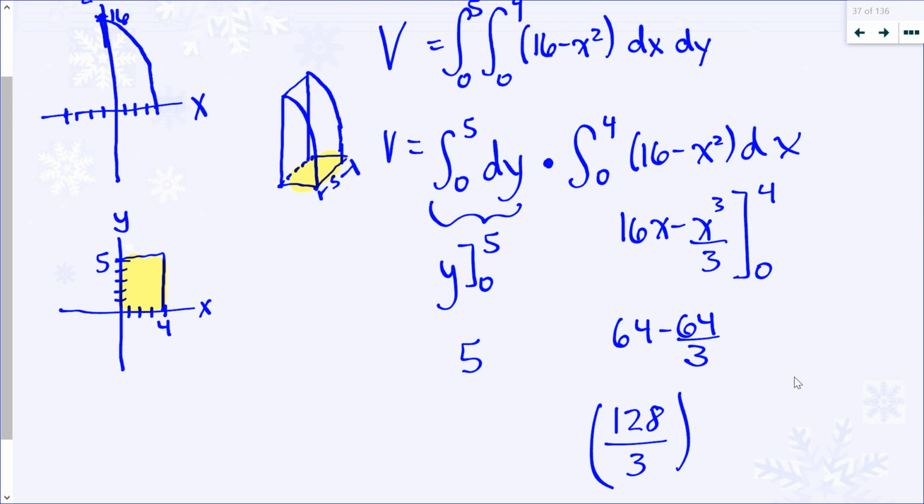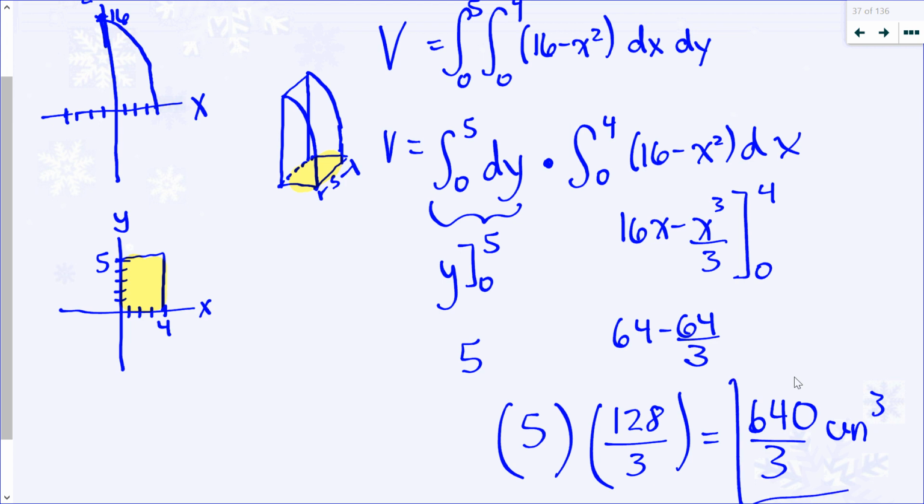And then that gets multiplied by our 5, which we got from the integral with respect to y. And then finally, I'm going to get a volume of 640 thirds. And that's our volume.